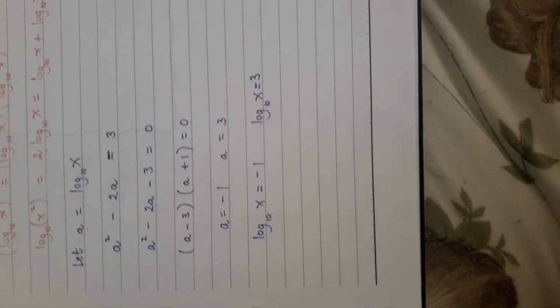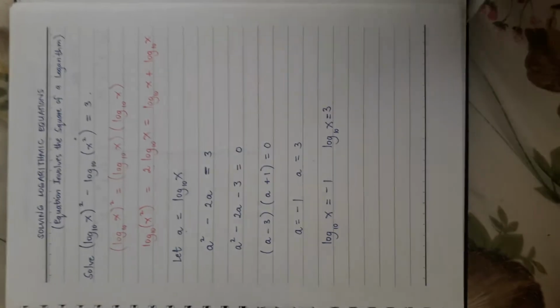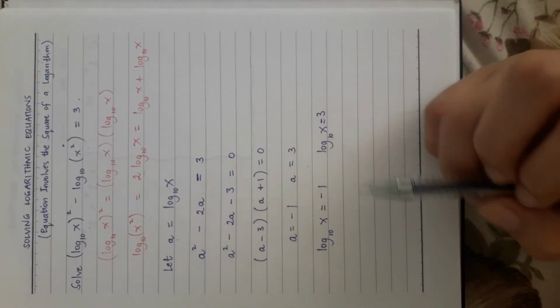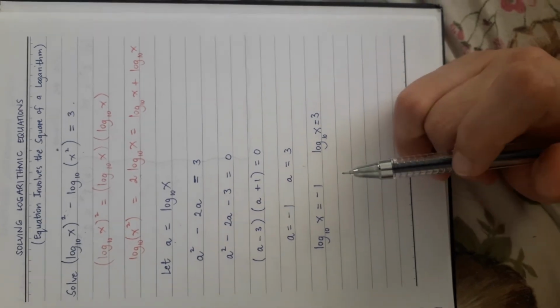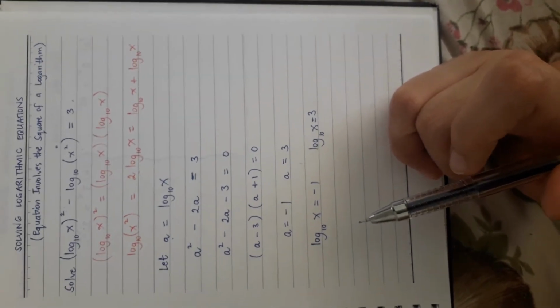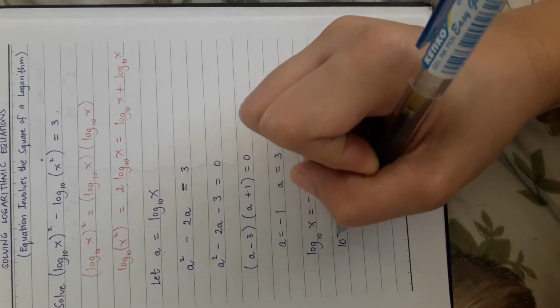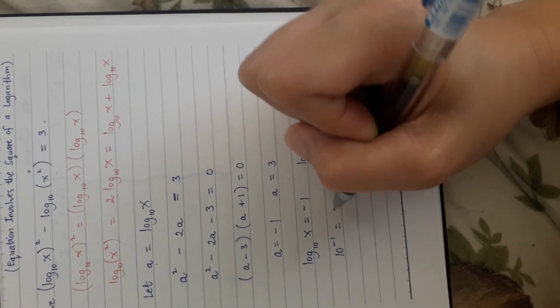Okay, so how do we now solve for x? In this case, we change the logarithm to exponential form. Convert it to exponential form. So, the base is 10, the power is -1, and the answer is x.